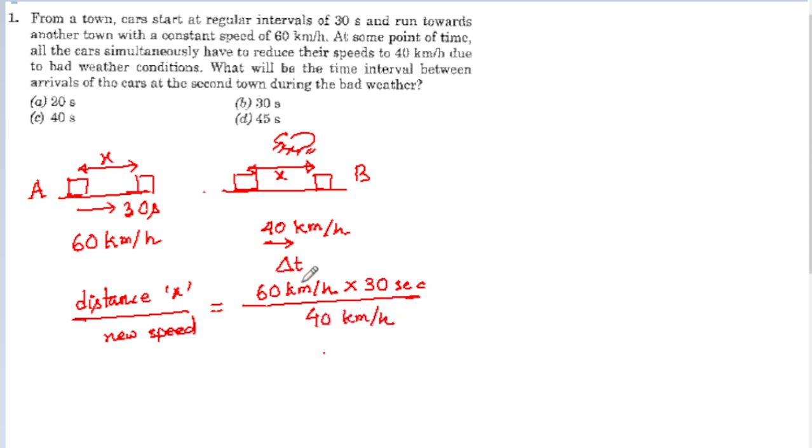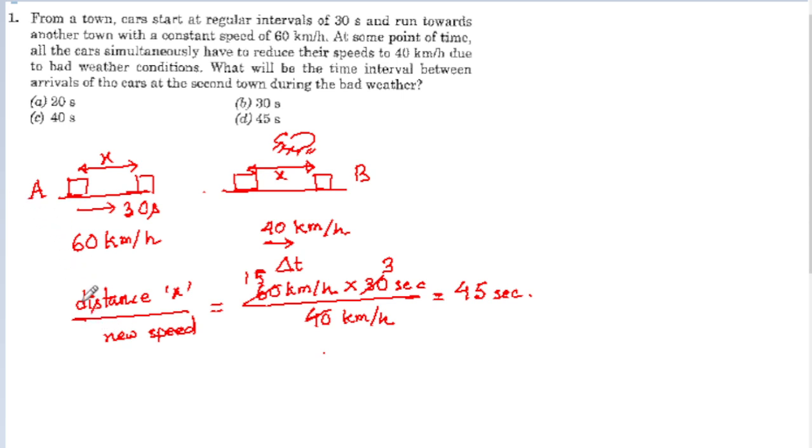If you calculate this, we can cancel, and after calculating from this data we get 15 and 3. So we can write the time interval is equal to 45 second when the bad weather starts.